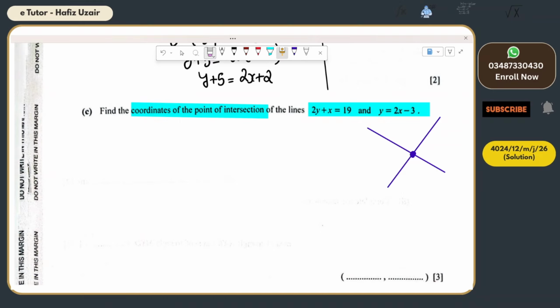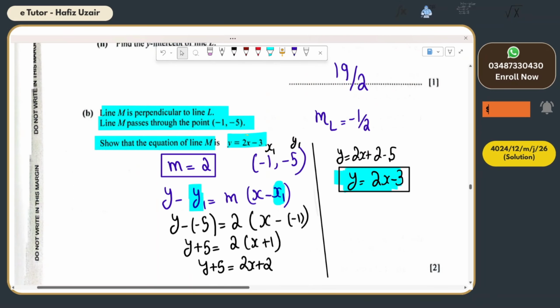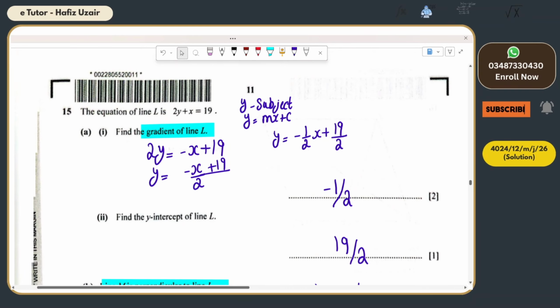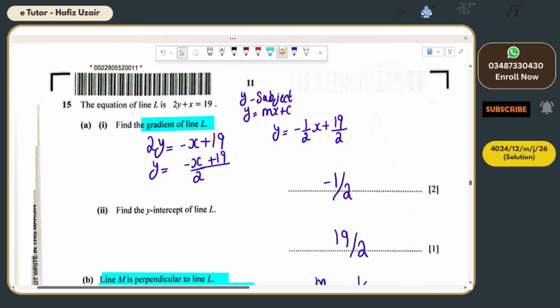So what we will do over here, you just need to make y the subject here. So this is an equation. You need to make y the subject over here, and y is the subject over here. Just compare these two equations, and finally you will get the answer. We already did this. 2y plus x equals 19, so y equals minus 1 over 2 x plus 19 over 2. You can check that over here.